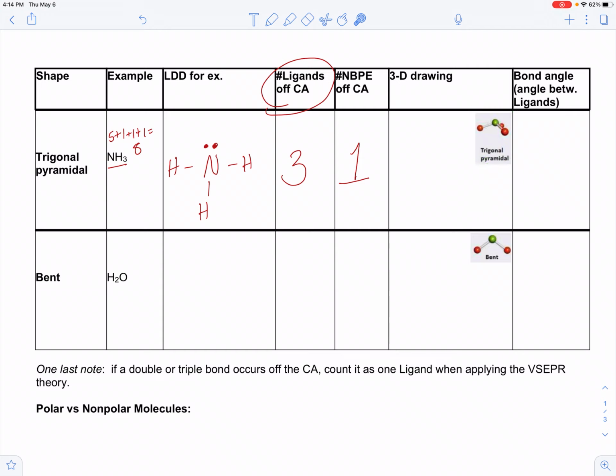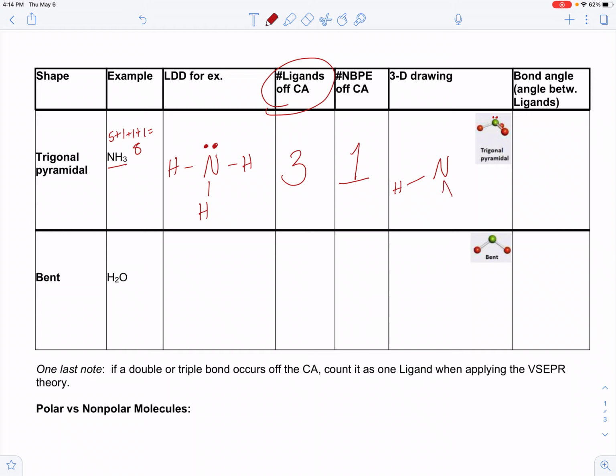This looks a lot like the tetrahedral. So if I stuck a little branch up there, it would look just like a tetrahedral. But there is no branch there. Instead, what I have is a non-bonding pair of electrons up there. So when I draw this 3-dimensionally, I'm going to start with my nitrogen. And then one of my hydrogens will be coming out to the left.